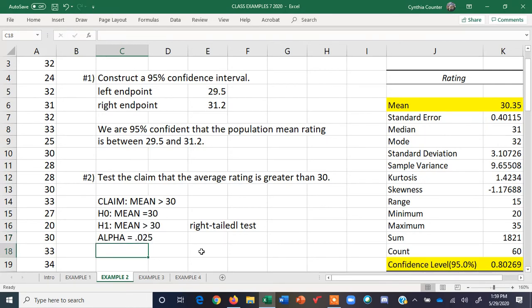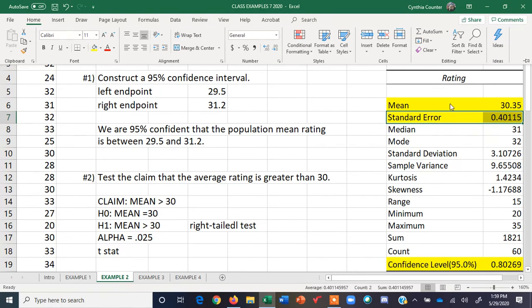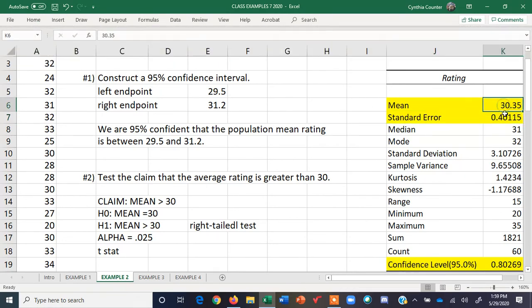0.025. Now we are ready to compute the t-stat, because all I need here is the sample mean, the standard error, and the assumed value from the null hypothesis.